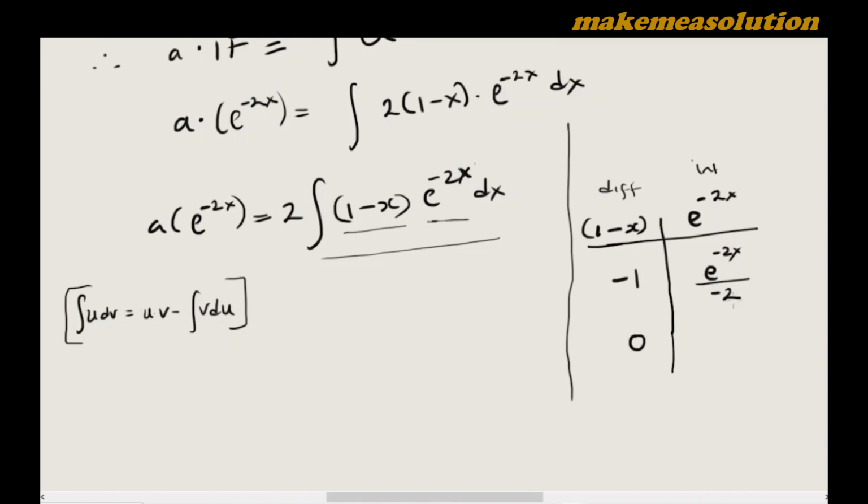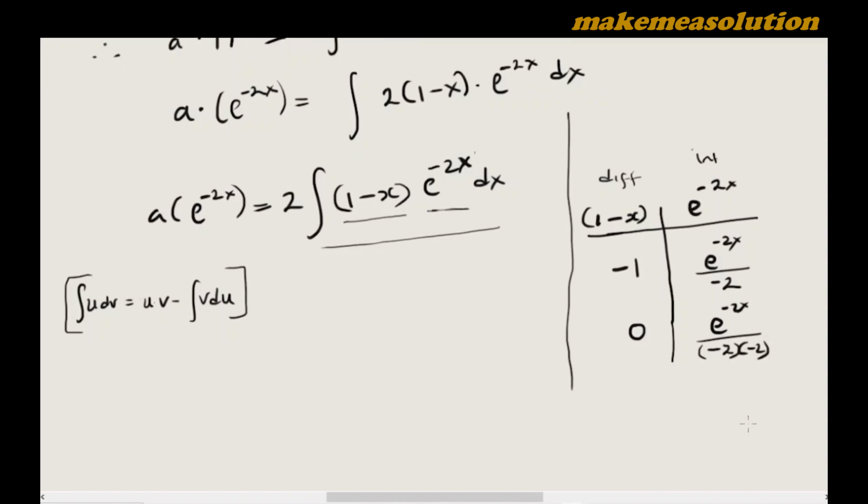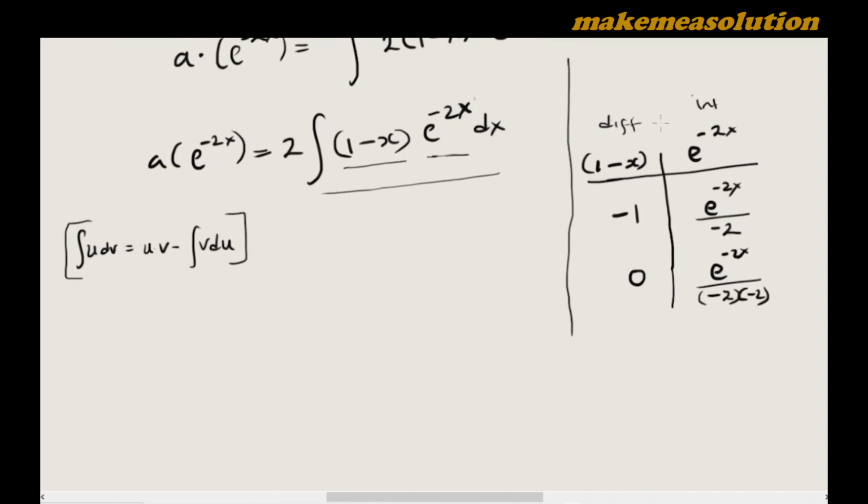Now when you integrate exponential minus 2x over minus 2, you get exponential minus 2x over minus 2 times minus 2. Is that okay? Which is exponential minus 2x over 4 invariably. To round up the answer for this integration, you multiply this term by this term and this term by this term, and I'm now going to subtract. You multiply the first term times exponential negative 2x, so we get minus exponential minus 2x over 2 into 1 minus x.